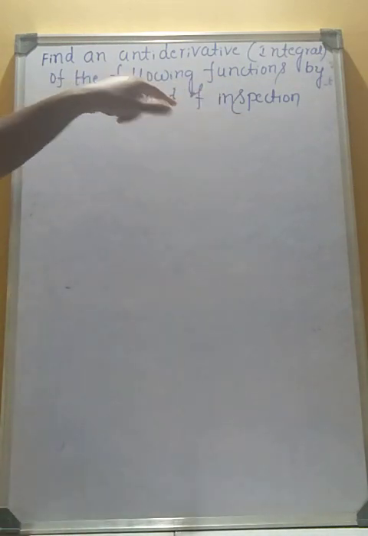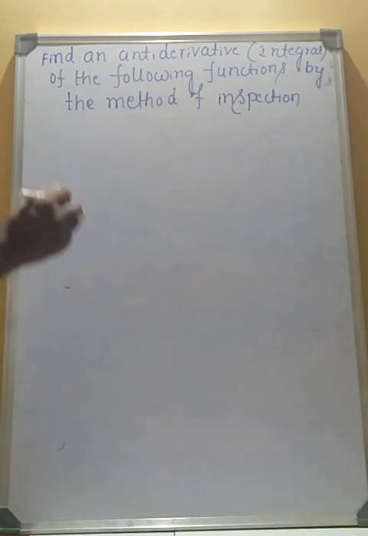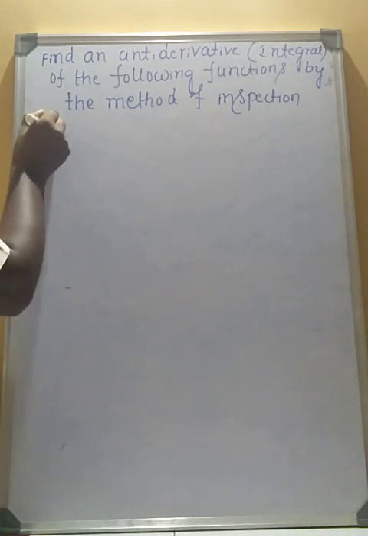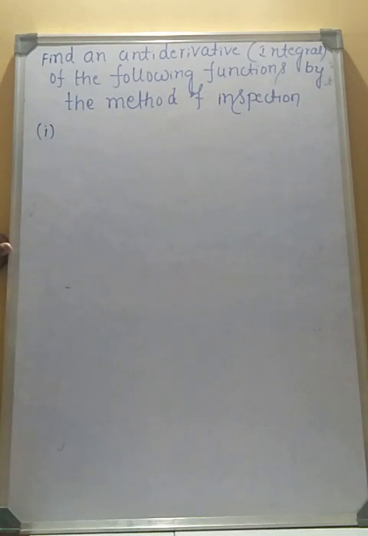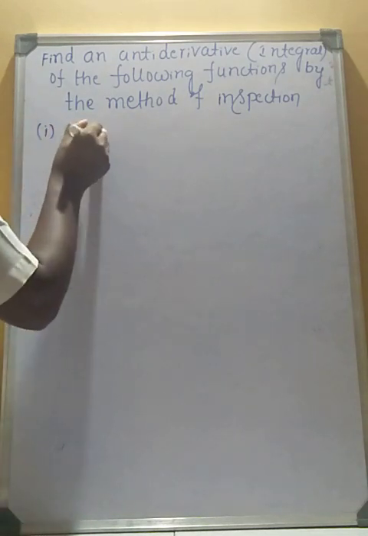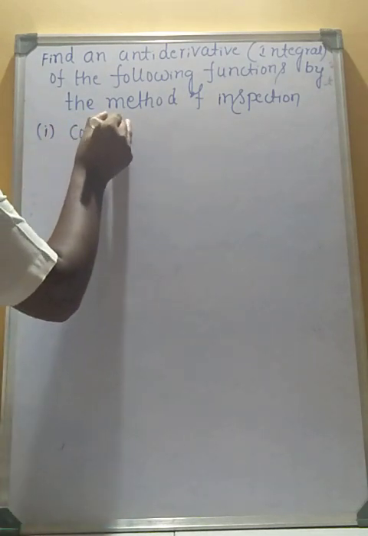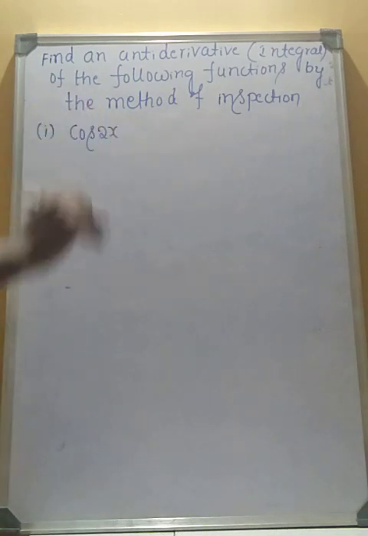Antiderivative means integral. That is, first one, example 1, cos 2x. So find the antiderivative of this function by using the inspection method.